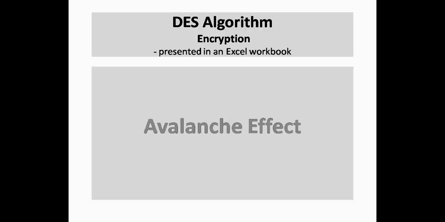In an encryption process, ciphertext should not show the original statistical structure of the plain text. We achieve this by using substitution and permutation. And how do we measure the effectiveness of the operation? Make a simple change of one bit to your plain text and see how many bits it has affected in the ciphertext.